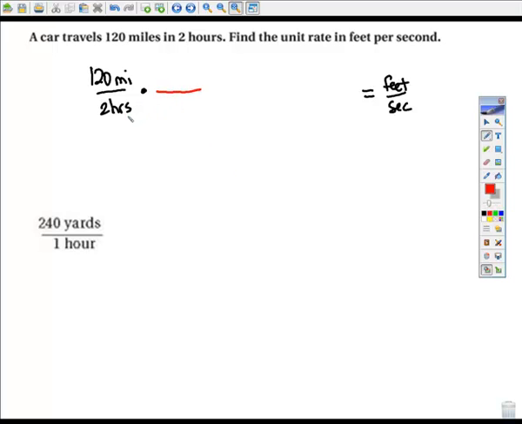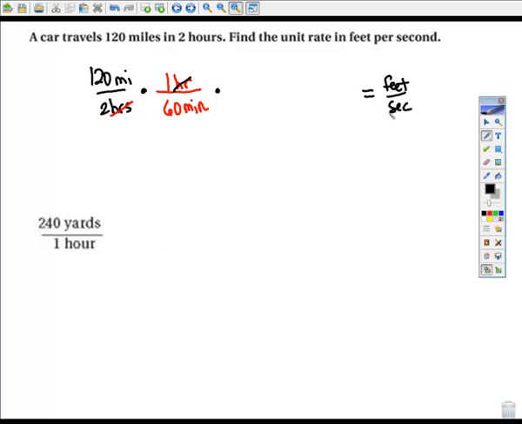So I'm going to change hours to minutes. And I know that in 1 hour there are 60 minutes. So I can cross off the unit of hours. So I've changed this now so that it's in minutes.